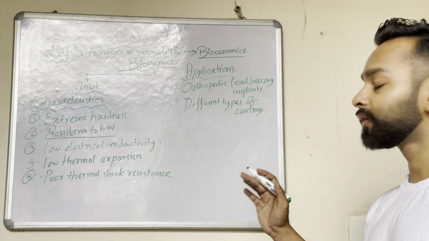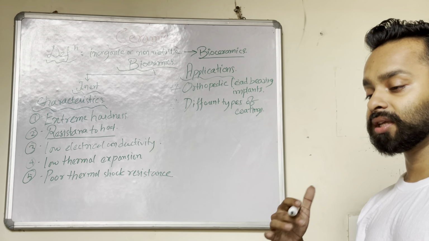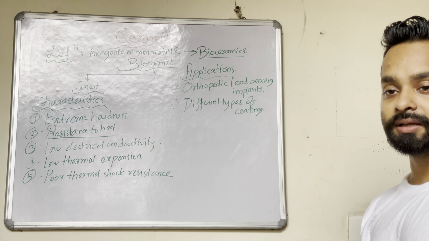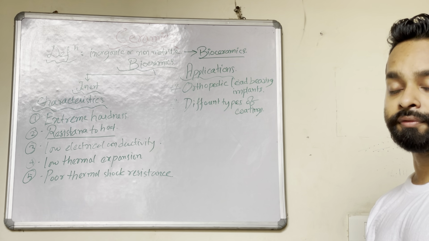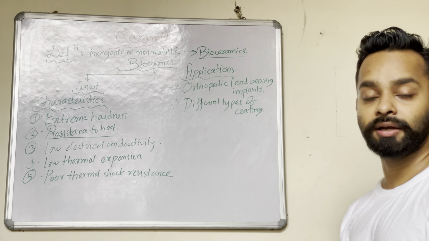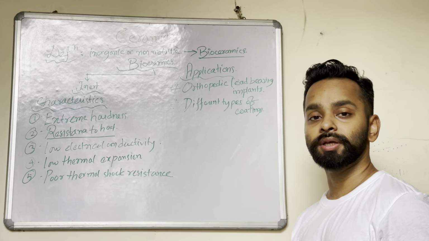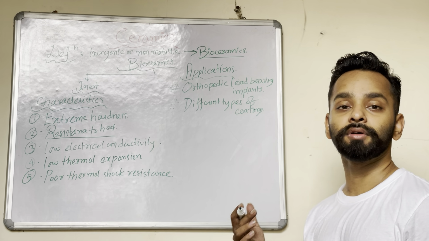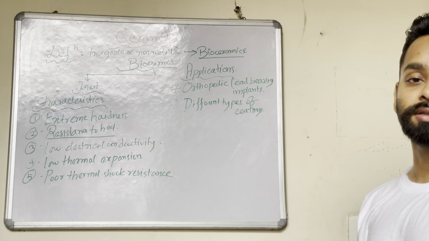So all these different types of coatings which are subjected to active stress cycle, active wear and tear and active corrosion are made up of ceramics because they have this property of high resistance to wear and tear.